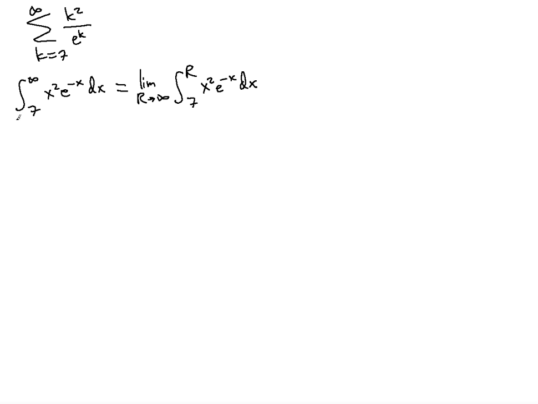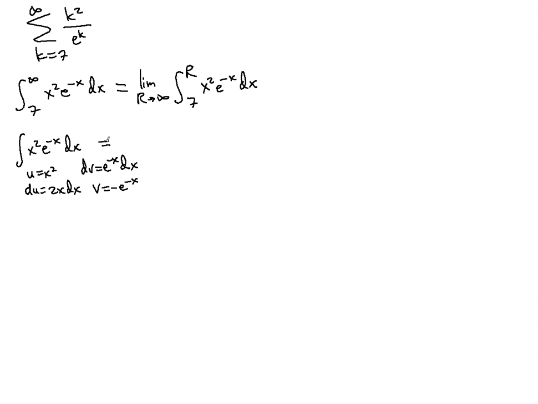First, let's find the antiderivative of x squared e to the negative x dx. Using integration by parts, u is x squared, du is 2x dx, dv is e to the negative x dx, v is negative e to the negative x.